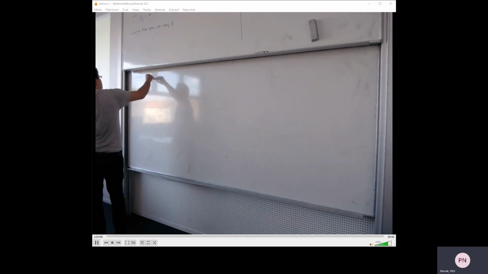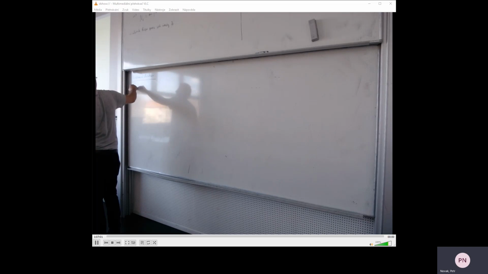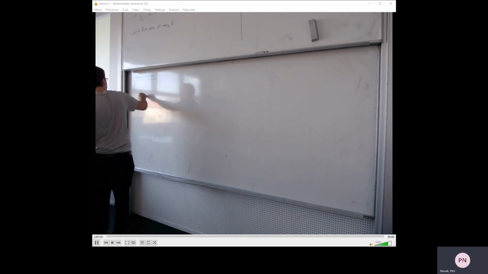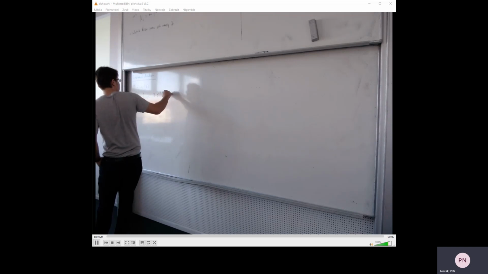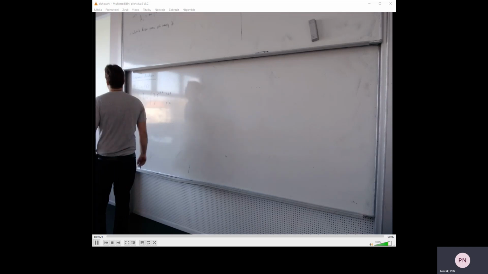Let's say variable t has the exponential distribution with parameter lambda if the density is lambda times e to the power of minus lambda t for non-negative t, else it is 0.